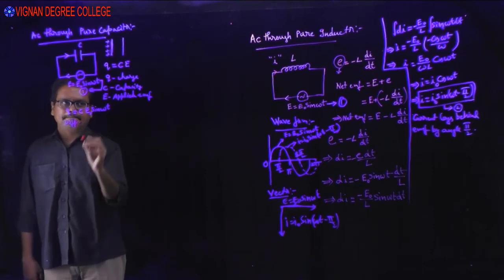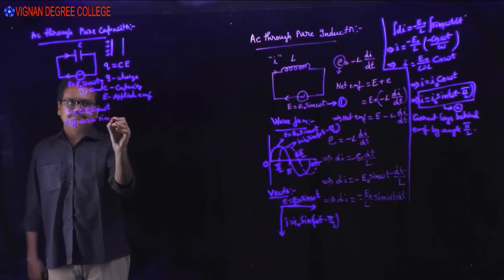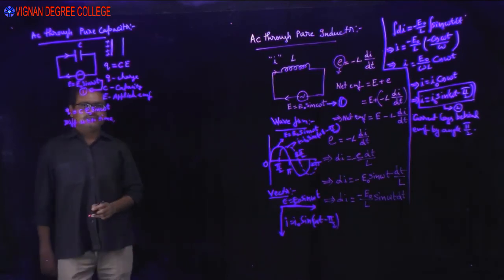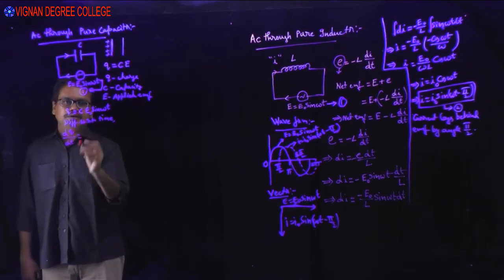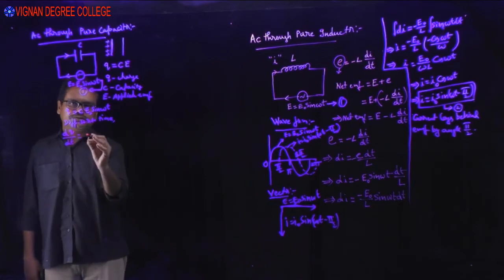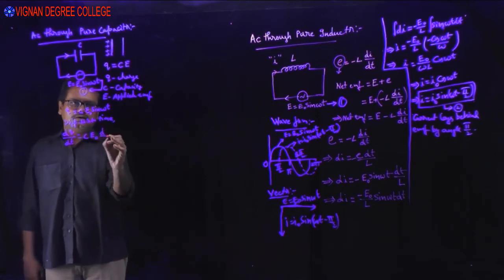Differentiating with respect to time, we get dq by dt is equal to C E naught d by dt of sin omega t.